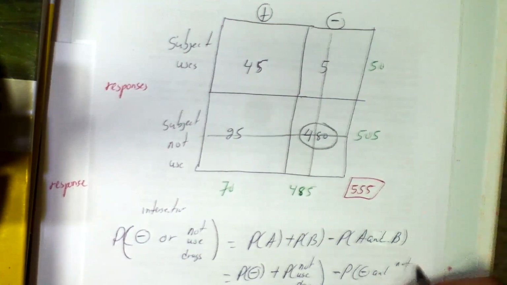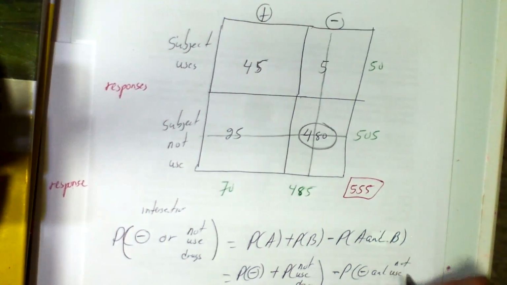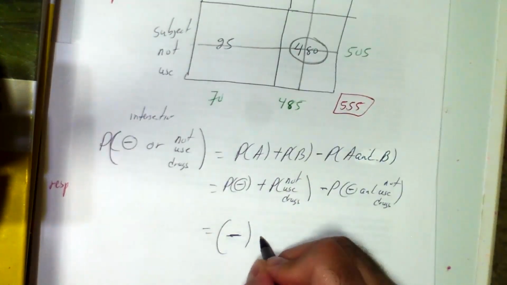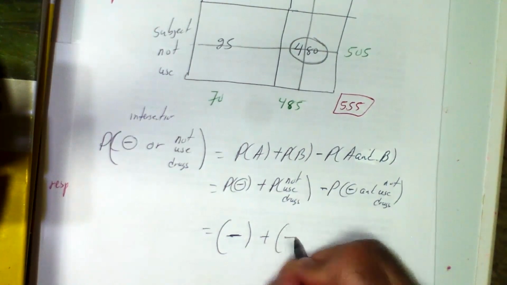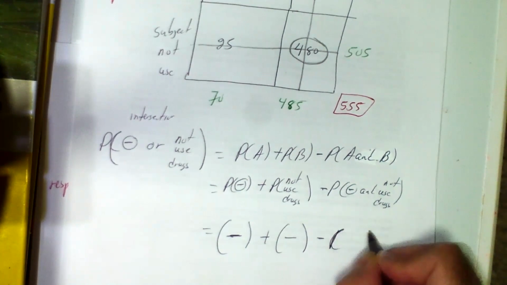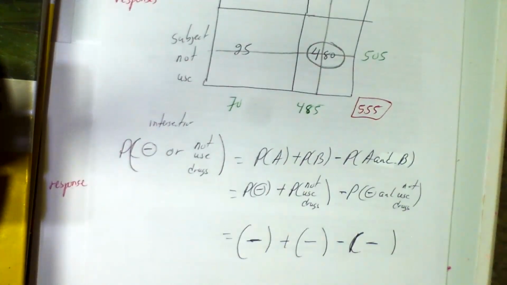That's where they intersect. And I'm going to write my three parts over totals. They're all going to have 555 in the bottom.